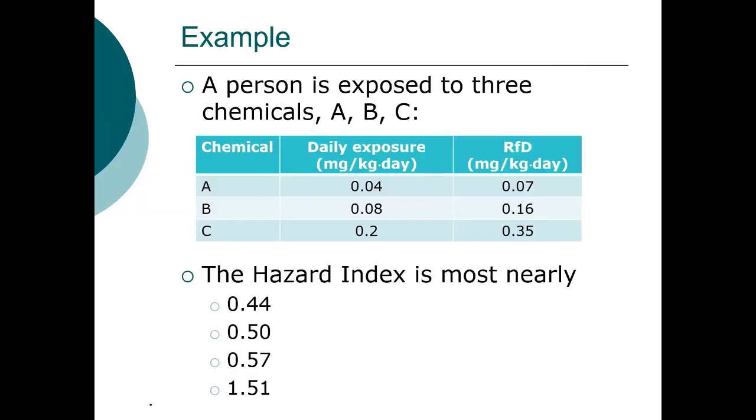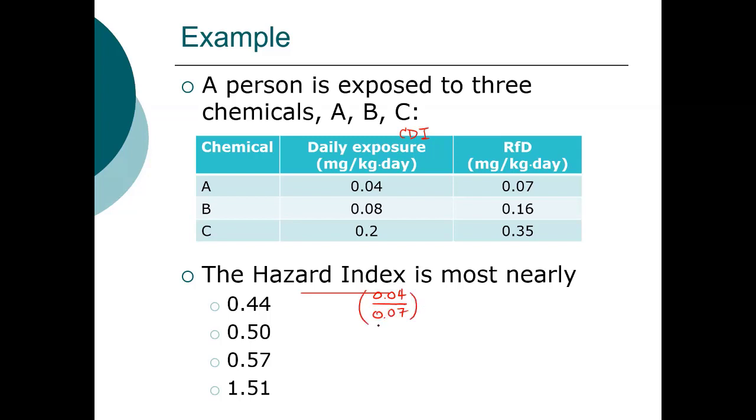So in this situation here, we have a person that's exposed to 3 chemicals, chemical A, B, and C. The chronic daily exposure, so this is the CDI, has been calculated. And the RFD is provided for that chemical. So we can calculate the hazard quotient and the hazard index. And again, this is the same format that you would see on the FE. The hazard index is most nearly, it would be 0.04 divided by 0.07.